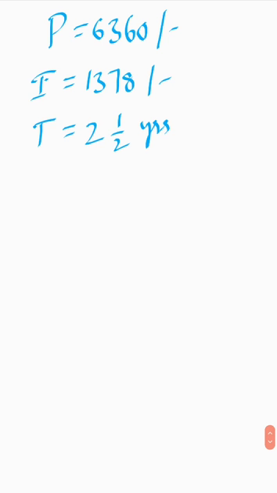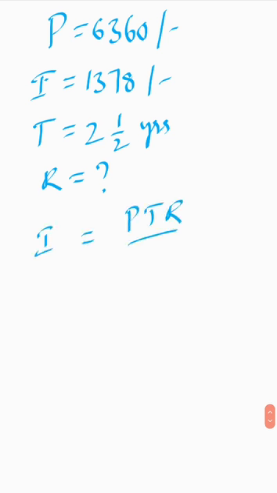Interest is 1378, but they are asking at what rate of interest, that means we have to find the rate. So when we understand the question, we can easily solve it. Already we know the formula, all 4 things are there. From the 4 variables, 3 are given, substitute the values, and you only have to focus on the simplification part. So interest is equal to PTR by 100.